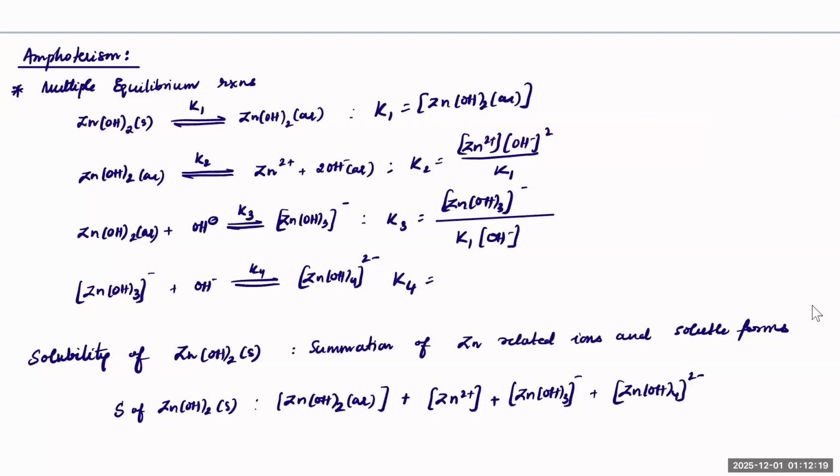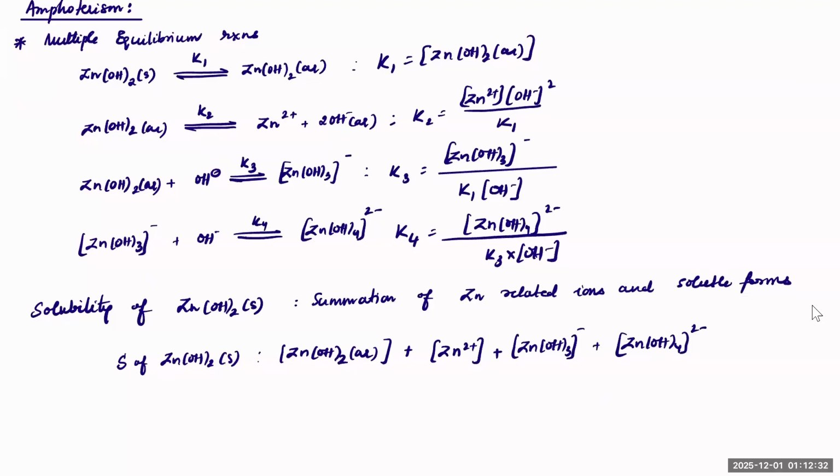And K4 will be Zn(OH)4 2- divided by K3 times OH-.